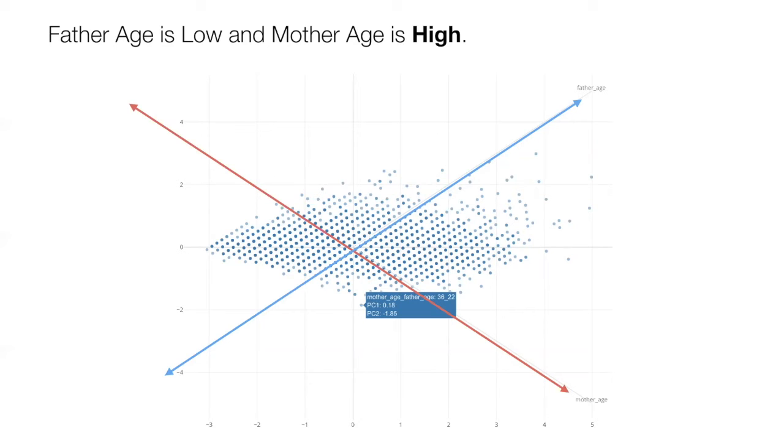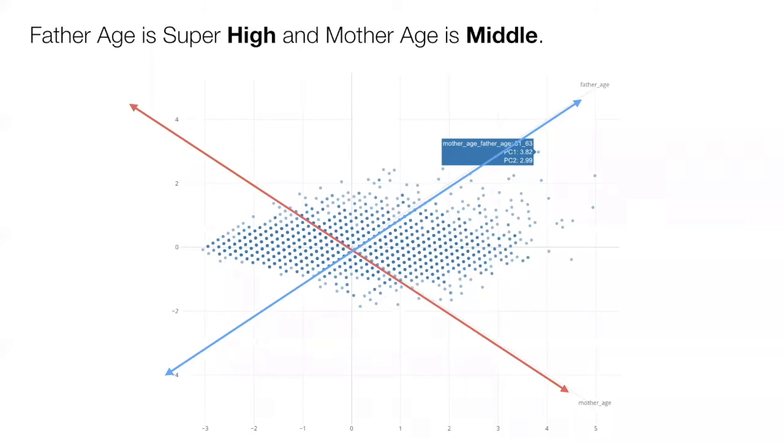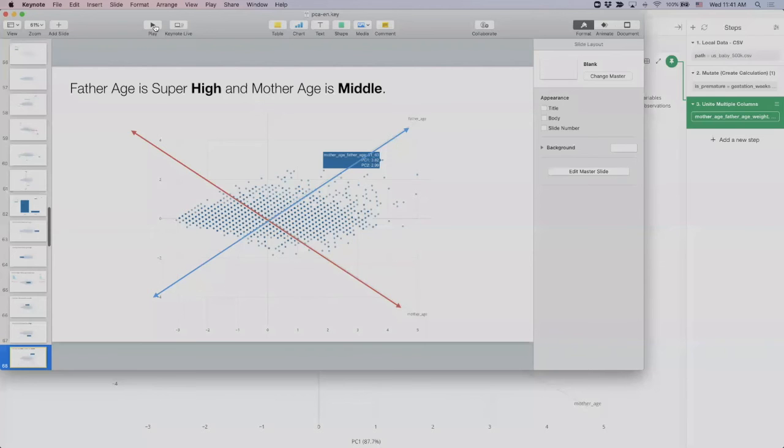That's why the father age is 22. And when you pick this one, it's very close to the end of the father age spectrum on the right-hand-side top direction. That's why the father is 63. The mother is hard to see, but I think it's 31 or something like that. Wait a second, I'm not sure here.